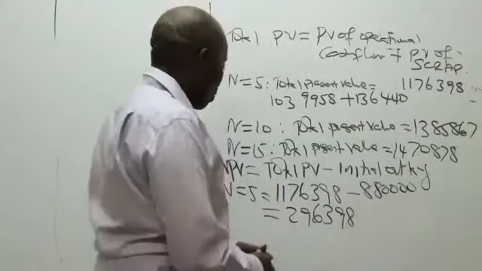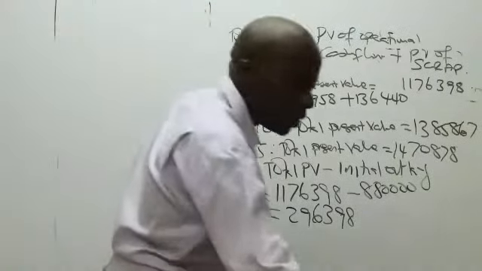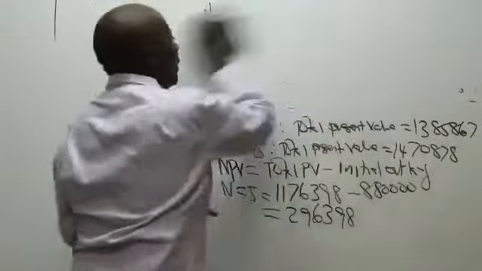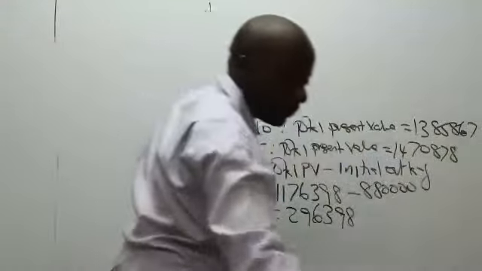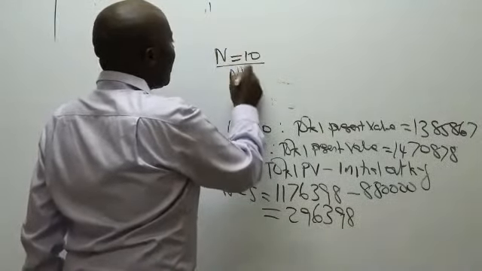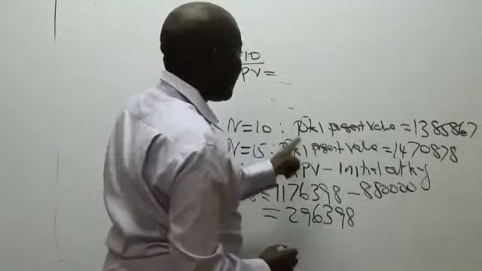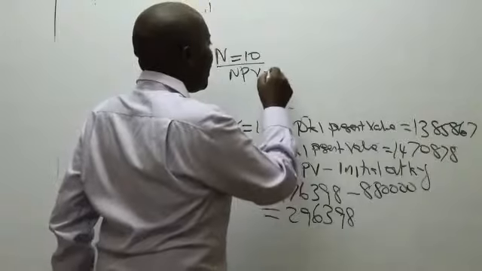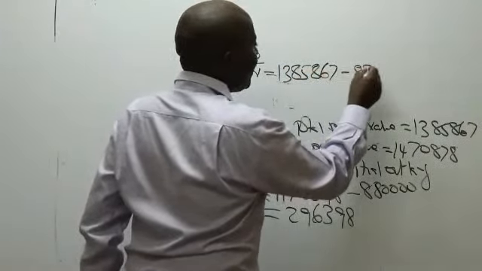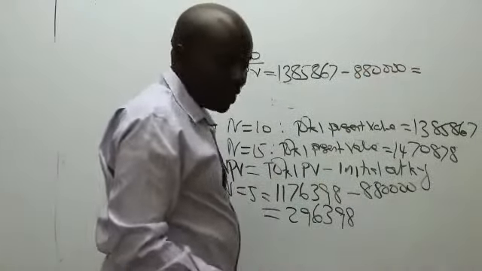Great. So go to when n is 10 years. When n is 10 years, what do we have there? My net present value will be equal to the total PV at 10 years, which was 1,385,867 minus the 880,000, which is the initial outlay, of which I'm seeing so many guys have already given me an answer.